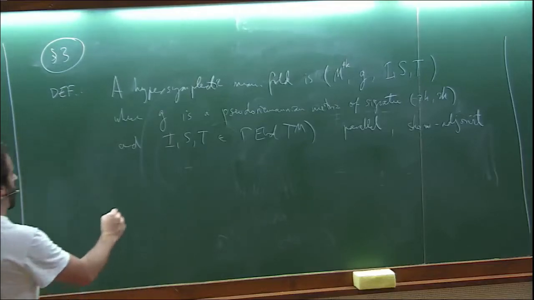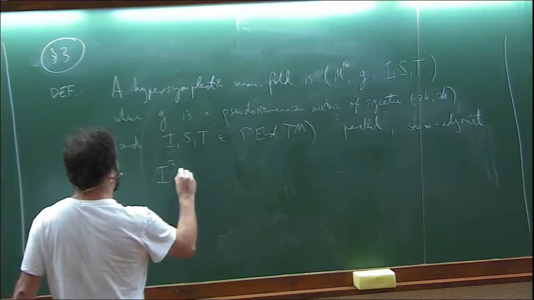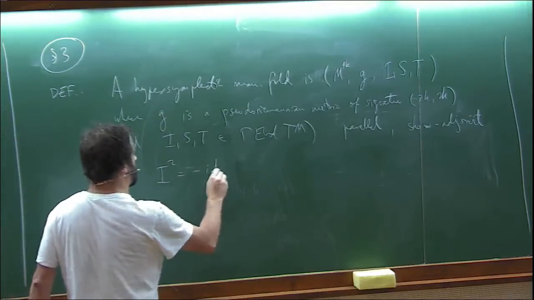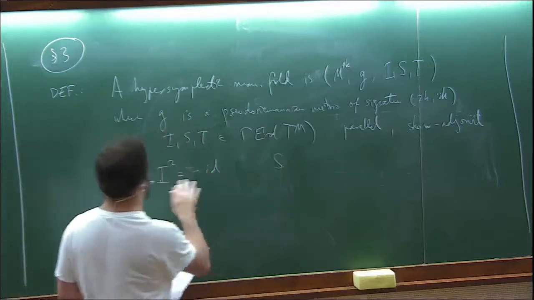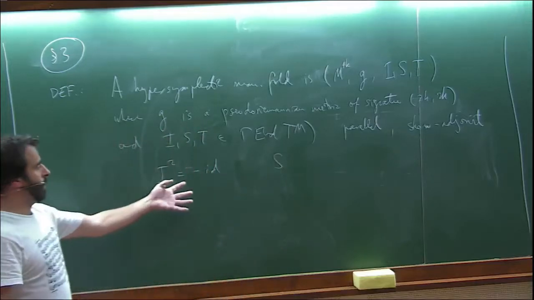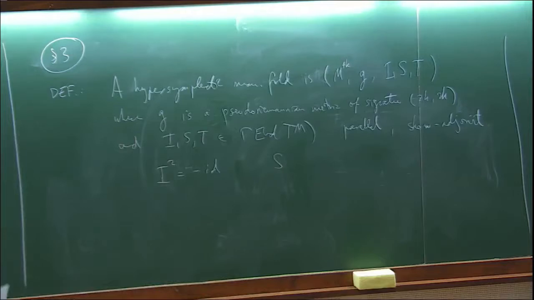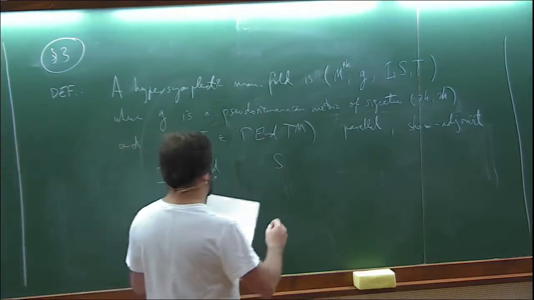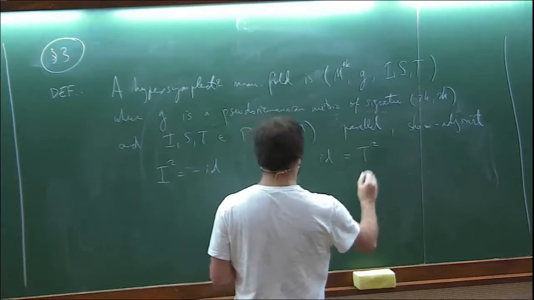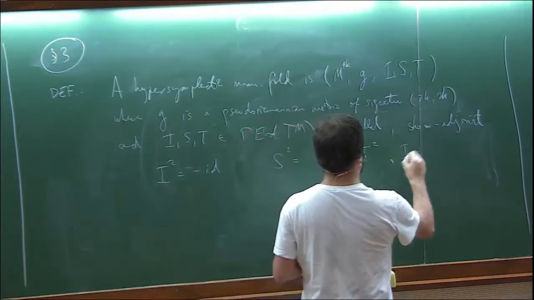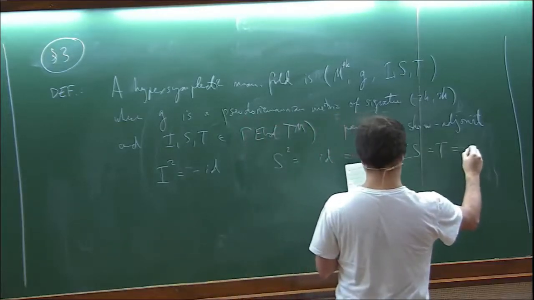So you have again I squaring to minus the identity, a normal complex structure, but the other two are not. They square to the identity, not minus the identity. And then you also have IS is T and so on.